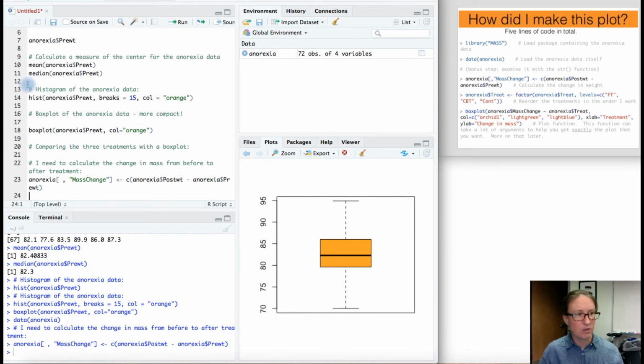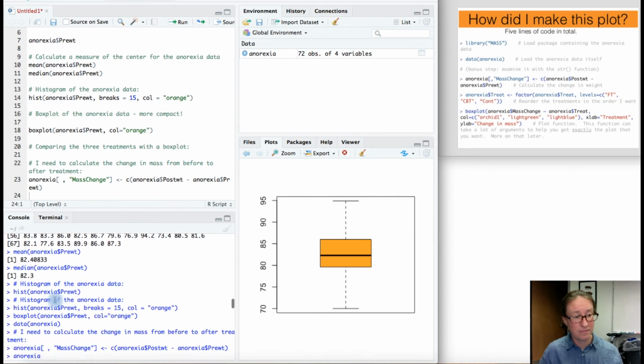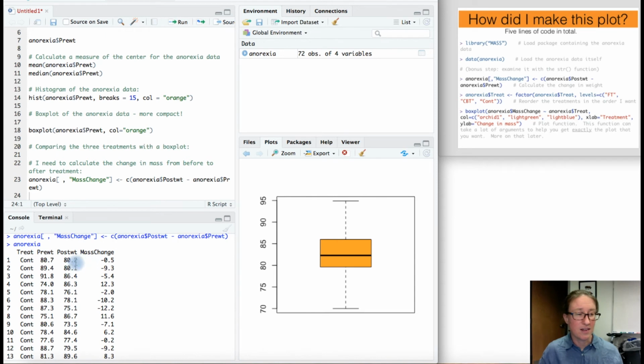And then if I go back and look at the anorexia data frame again, it has added another column that is a calculation for my mass change, right? So here's someone who lost 0.5 pounds in this experiment.